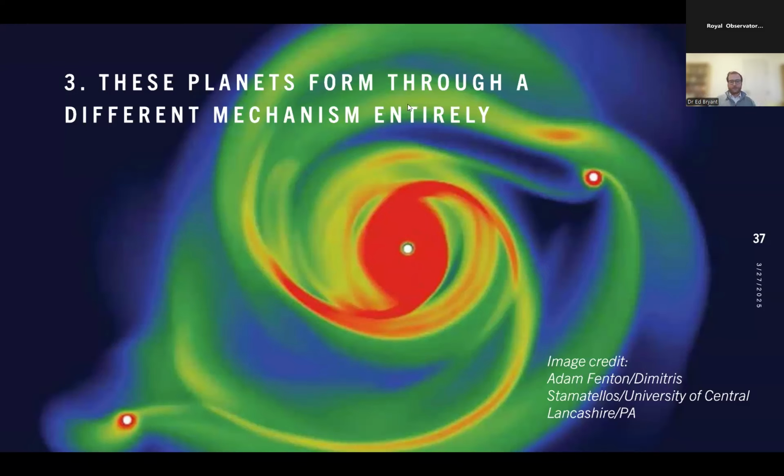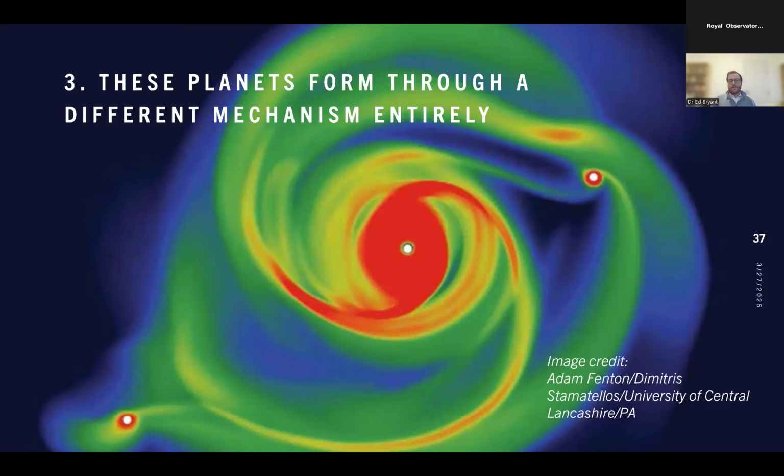And so what this image at the back is showing is a simulation of this process, where the star is this white dot right in the middle, and then the red and the green and the yellow is actually showing a protoplanetary disk that's becoming unstable and is sort of fragmenting under its own instability. And if it fragments in just the right way, it can collapse and condense to form these two white spots here, which are planets. It can potentially collapse directly into these giant planets.